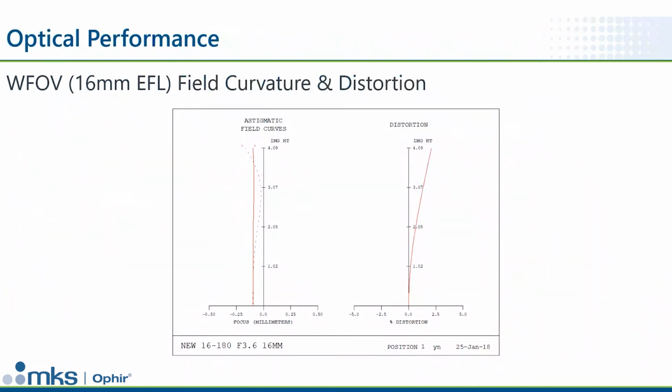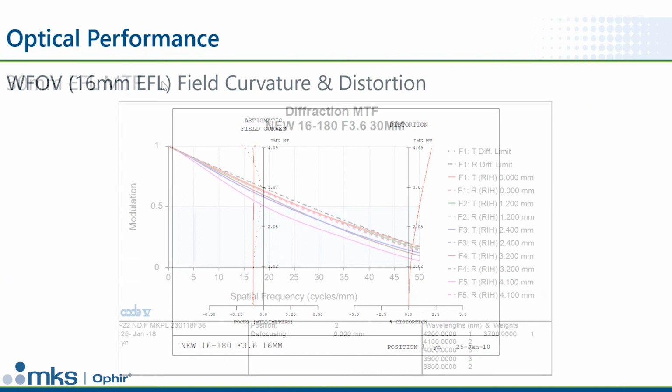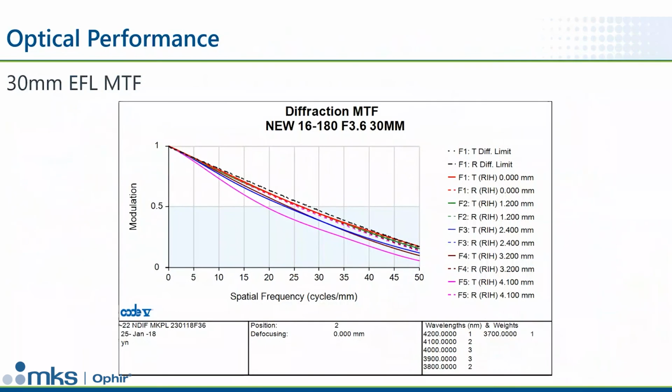Here you can see the distortion and field curvature of the wide field of view. As you can see, the distortion is less than 2.5%. In the following graphs, we will see the performance at the other focal lengths.